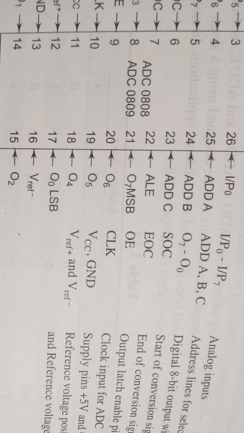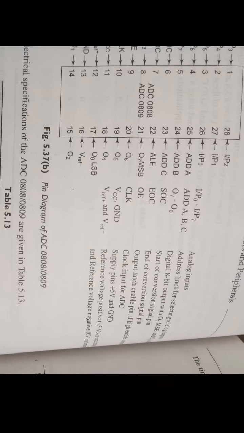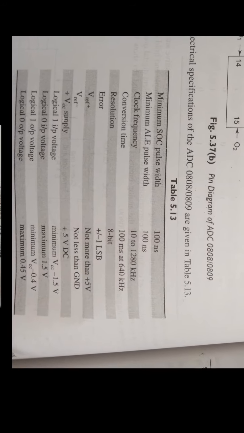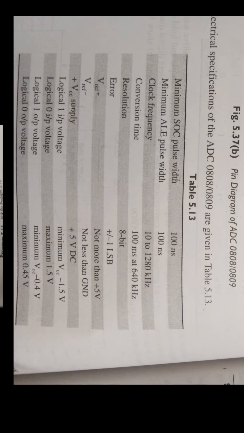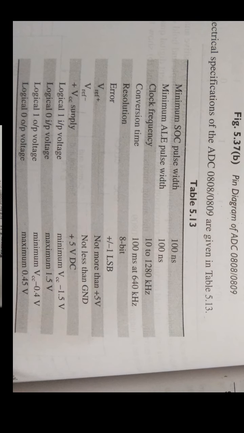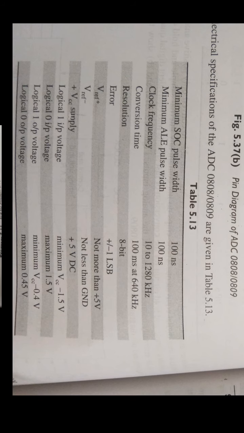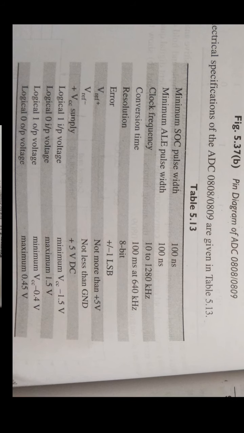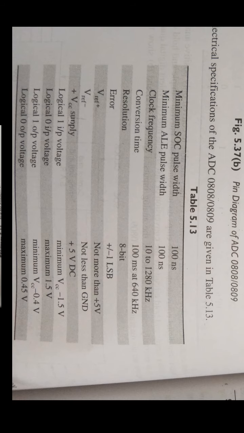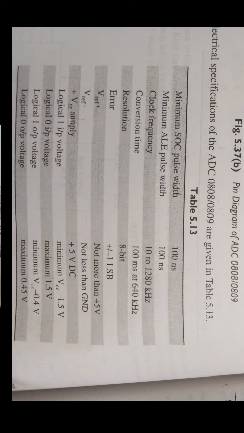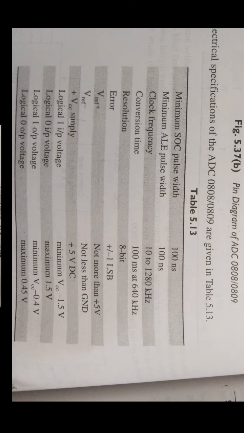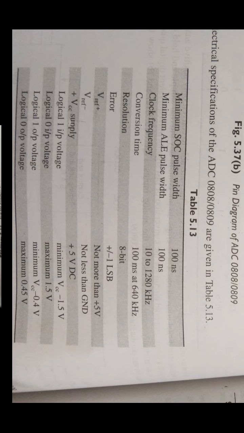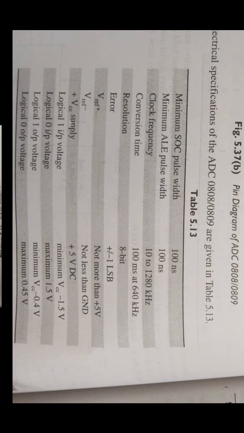And it also has some electrical specifications which we will have to use in programming. The electrical specifications are: the minimum SOC pulse width is 100 nanoseconds, the minimum ALE pulse width is 100 nanoseconds, then the clock frequency is 10 to 1280 kilohertz, conversion time 100 microseconds at 640 kilohertz, resolution is 8 bits, and error allowed is plus minus 1 LSB.